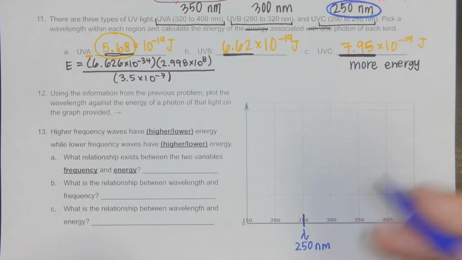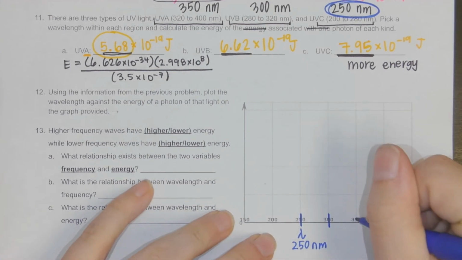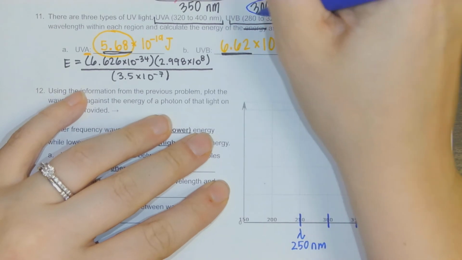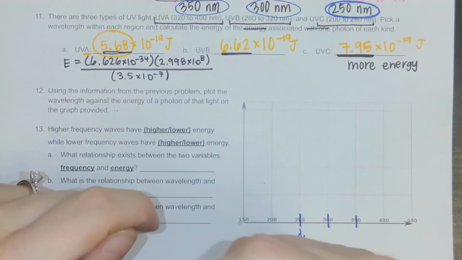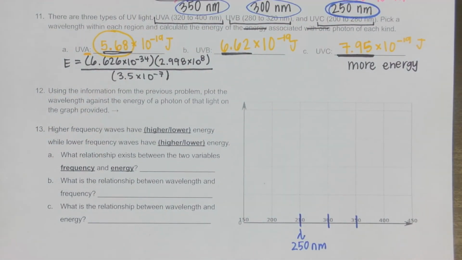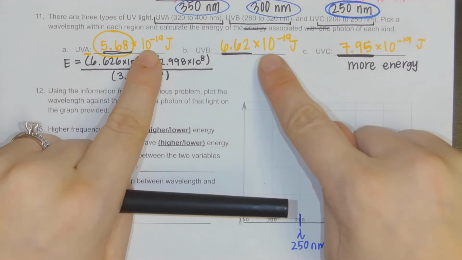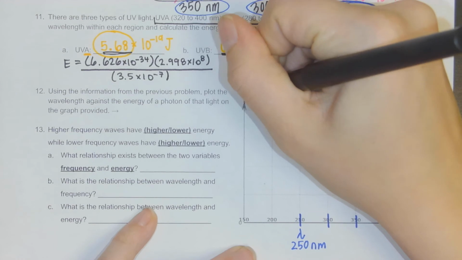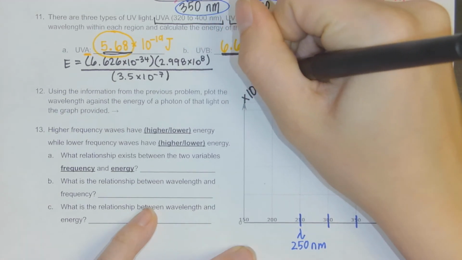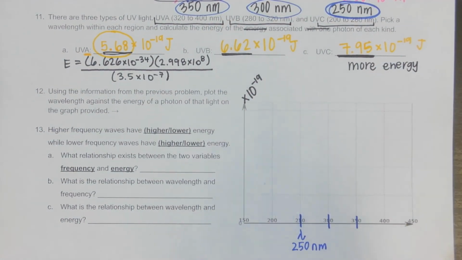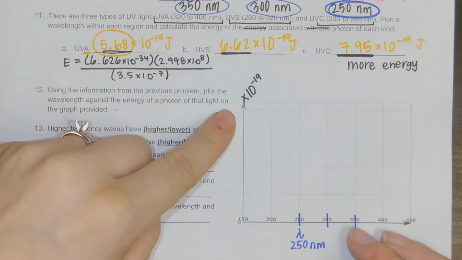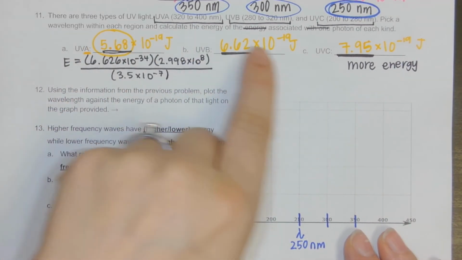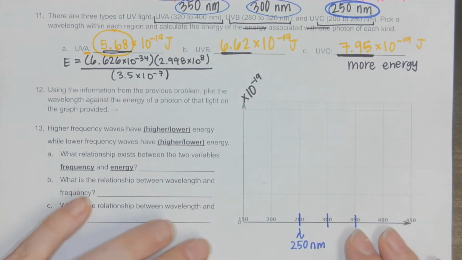We're going to have one at 300 and 350. Those are the ones we picked. These are our values. And since all of them are times 10 to the negative 19th power, on the y-axis I'm just going to write times 10 to the negative 19th power, because then when I do my scale, I don't really have to worry about it. I can just go from 5 to 8.